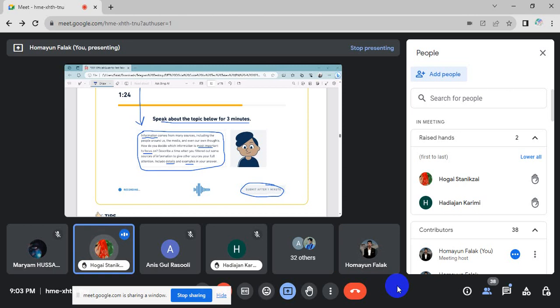Every day we face different information from different sources and different sites about various things.